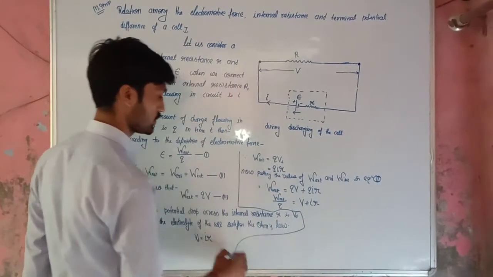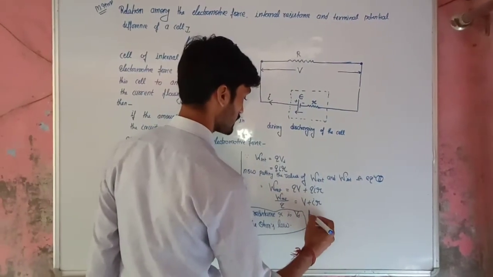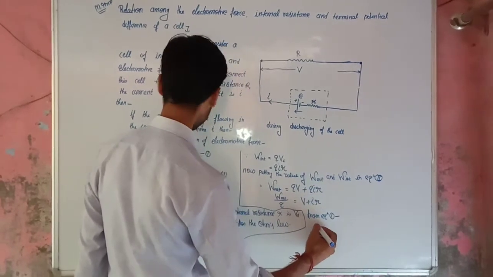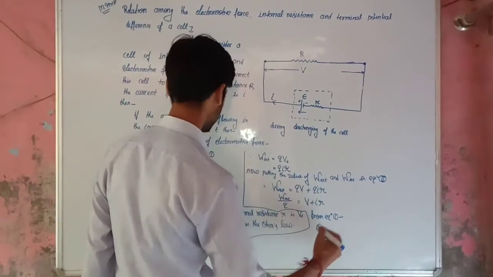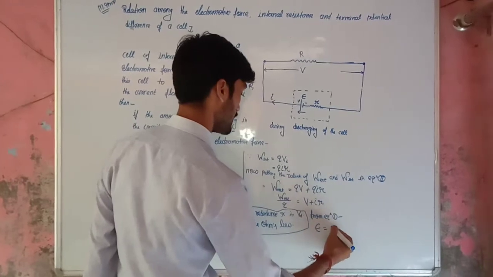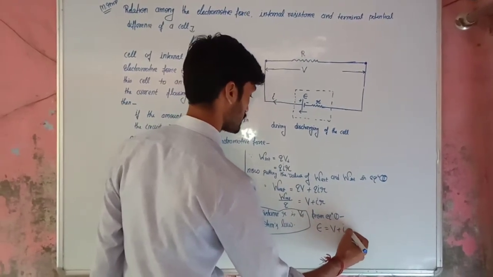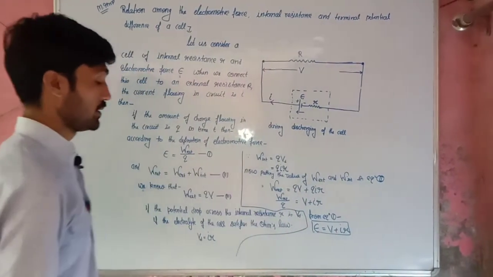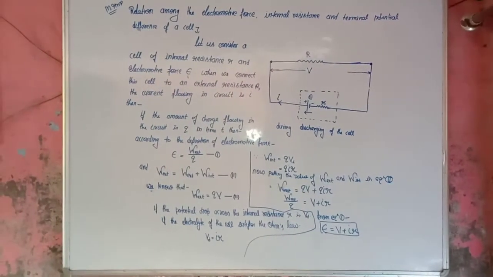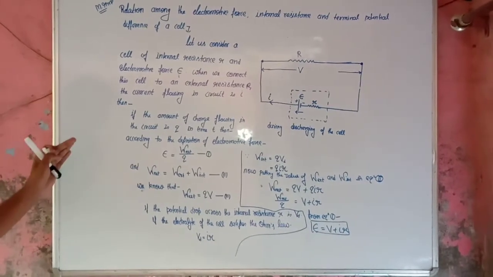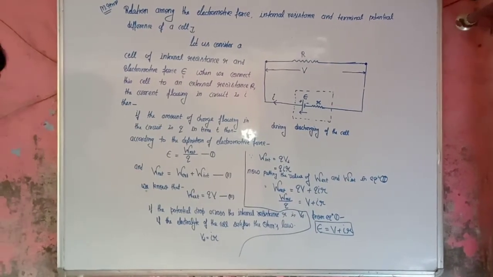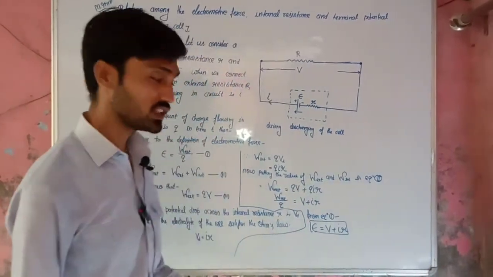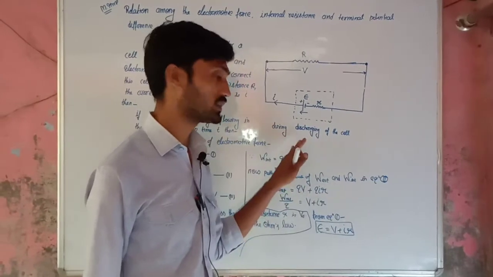Okay, so from equation first we can write epsilon equals V plus I r. Okay, this is the required expression or relation between the electromotive force epsilon, terminal potential difference V, and the internal resistance small r of the cell. But this formula is valid only for the discharging of the cell.